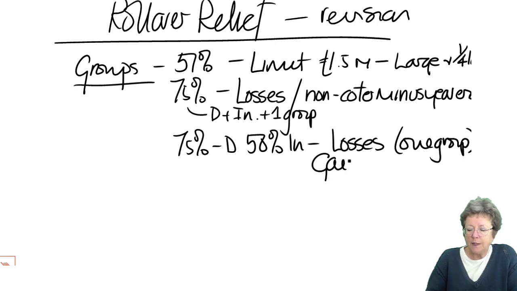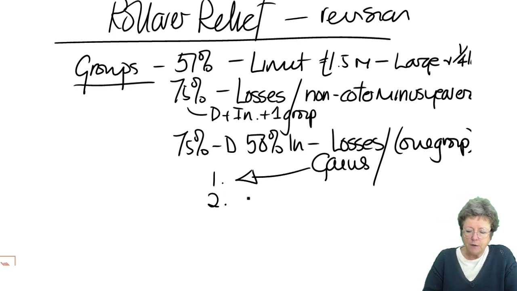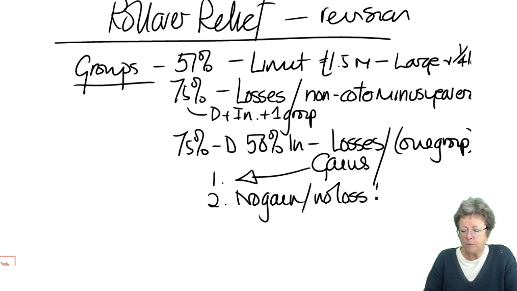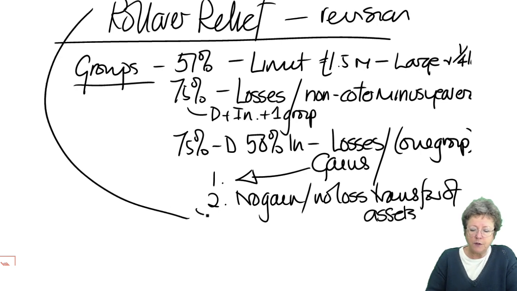For gains and losses, there were three benefits. You can transfer the gains and the losses paper-wise, no gain no loss transfer of assets, so you can do the numbers, you can do the assets, and then you also get rollover relief group wide.